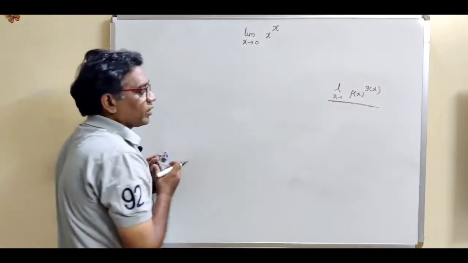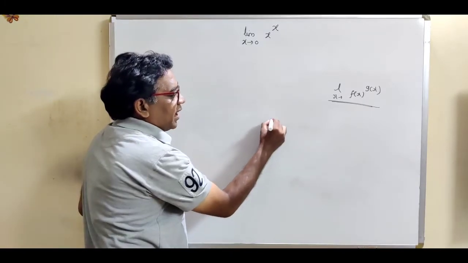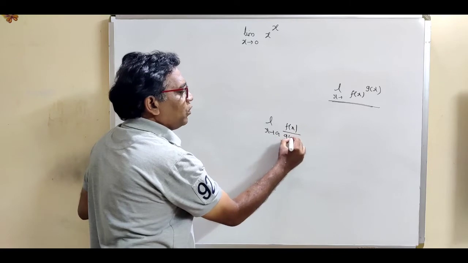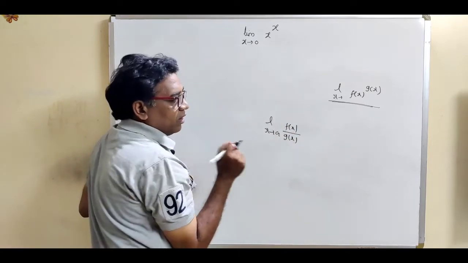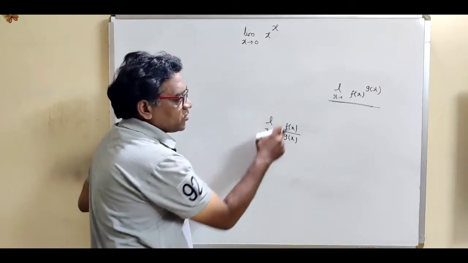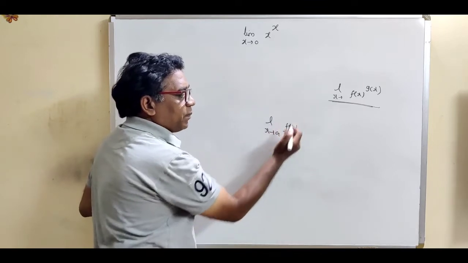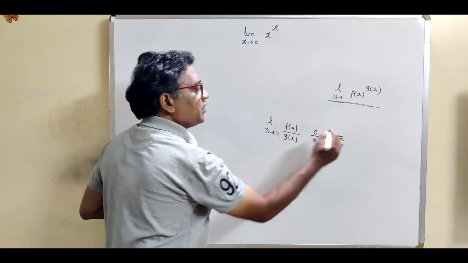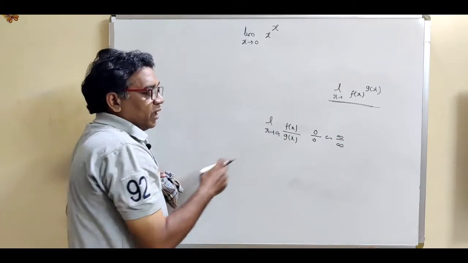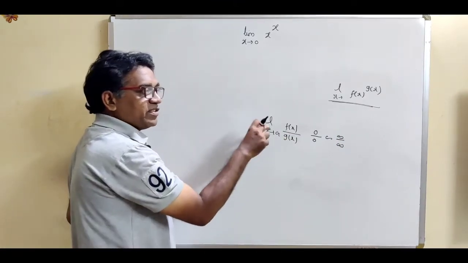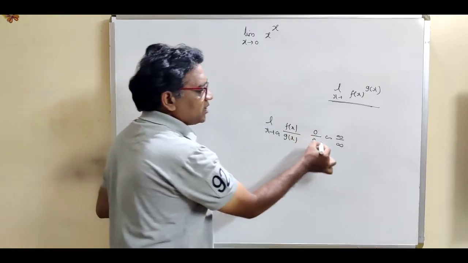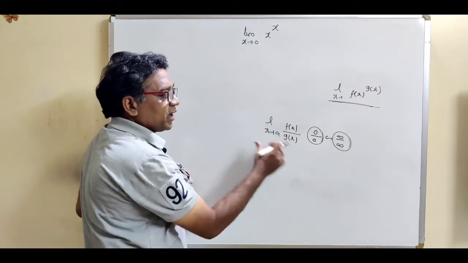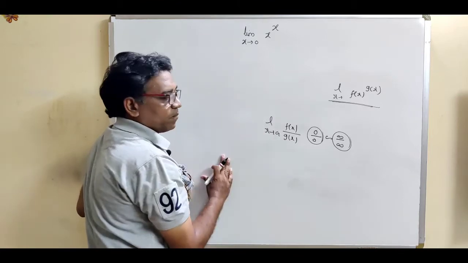See, this L'Hopital rule is applicable only for the division. First of all, note this L'Hopital rule is applicable for the division. It is either the 0 by 0 form or infinity upon infinity form. If the limit form is a division form, and obviously it is 0 by 0 or infinity upon infinity form, then and then we can apply this L'Hopital rule.